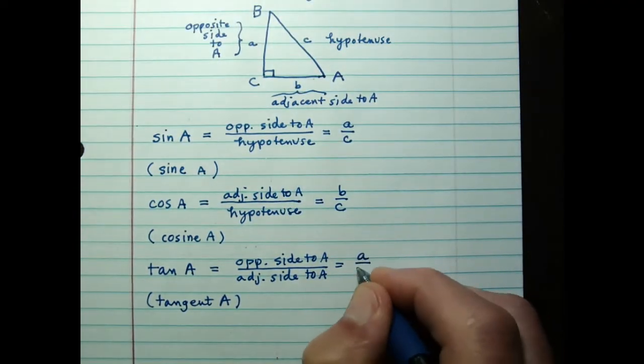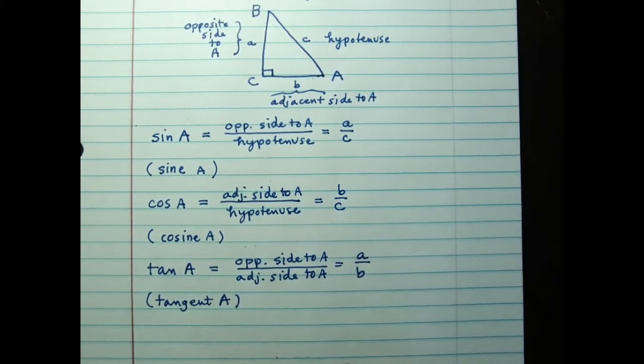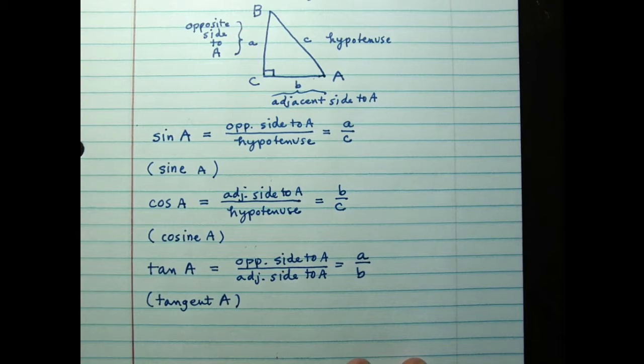So this is little a over little b. That's our third trig function. Sine A, cosine A, tangent A are each ratios or fractions that we get by dividing two sides of the right triangle.